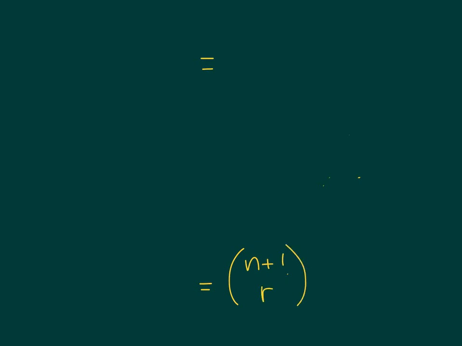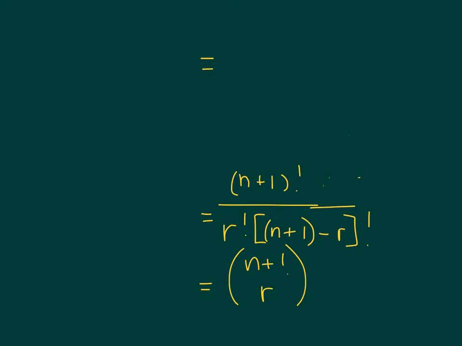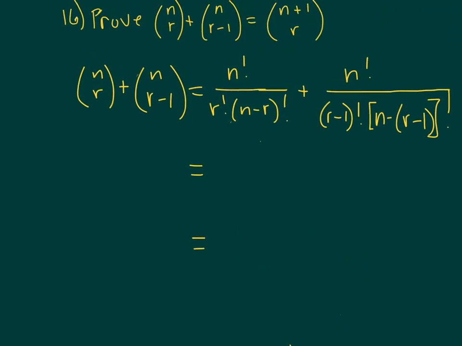Now, I am going to work backwards one step because I know that this is going to look like n plus 1 factorial over r factorial times n plus 1 minus r factorial. So that's what we're aiming for.